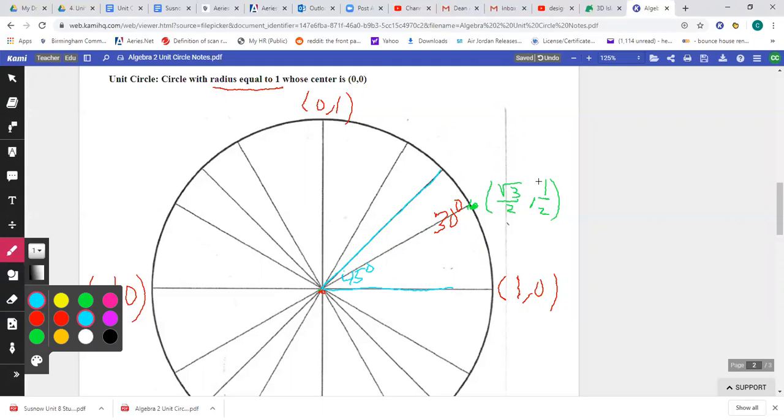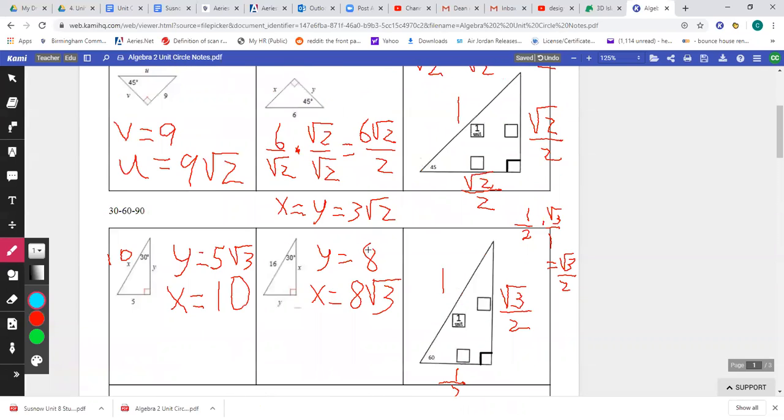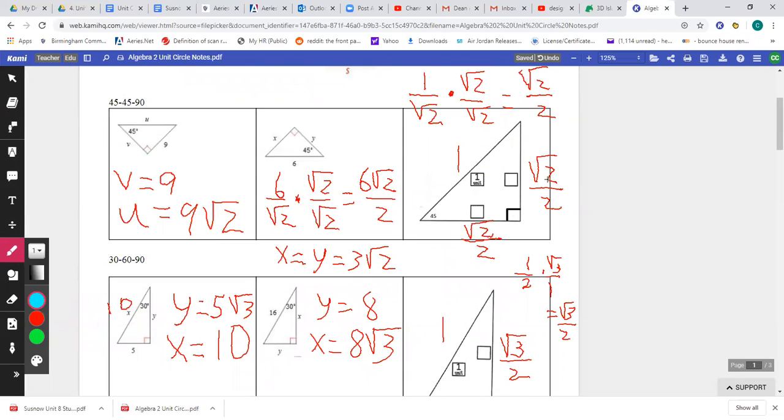Well, I'm going to do the same thing I did with my 30-degree angle. I'm going to make a right triangle. And so what I made was a 45, 45, 90 triangle. And remember, since this is a unit circle, the radius is 1. So that means my hypotenuse is 1. So guess what? We already made this triangle. It's right here.